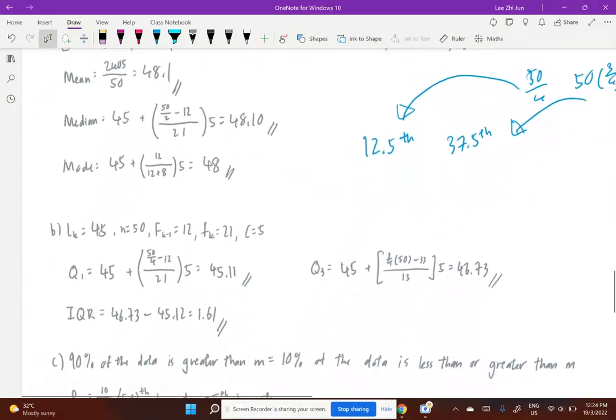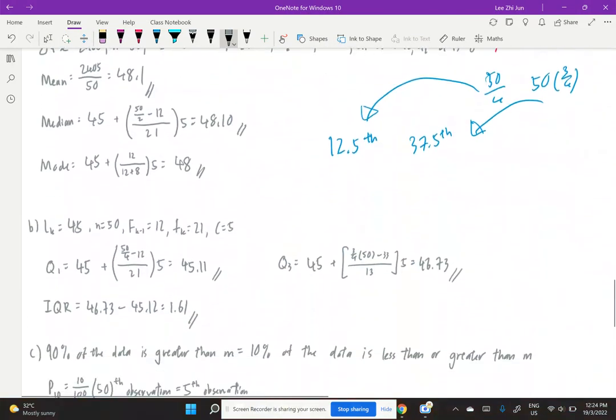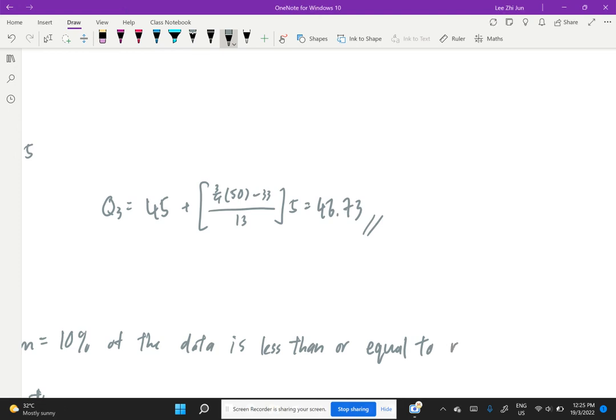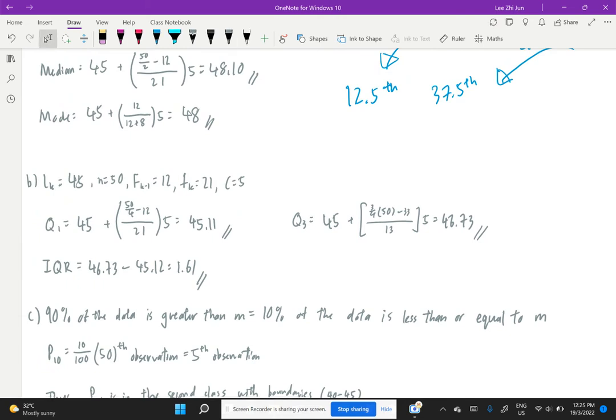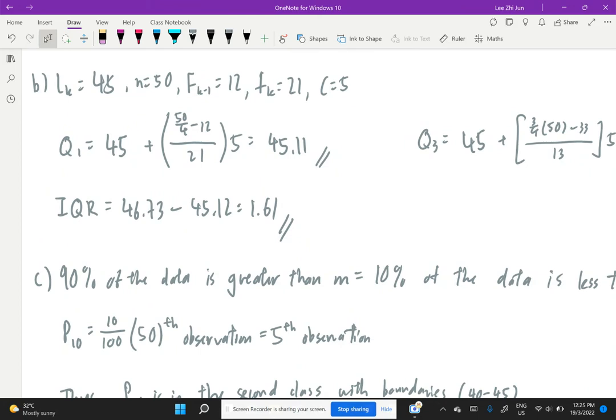So if 90% is greater than m, then 10% is less than or equal to m. So we calculate it. The 10th percentile will be the fifth observation.